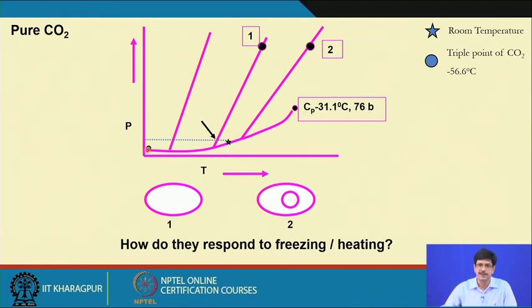Now, with the help of this diagram, let us try to explain how pure carbonic inclusions could occur in minerals that we see at room temperature in the laboratory, and what the two possible situations are.